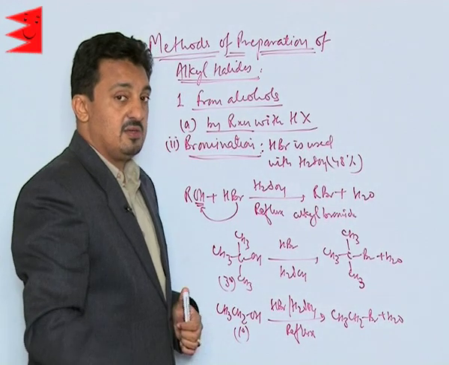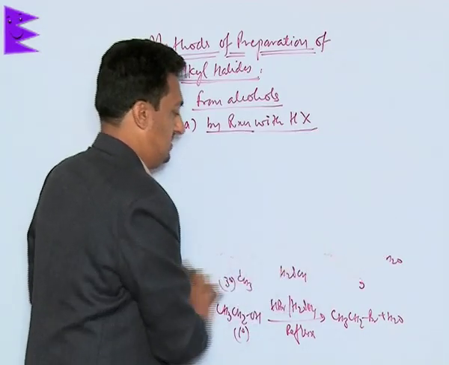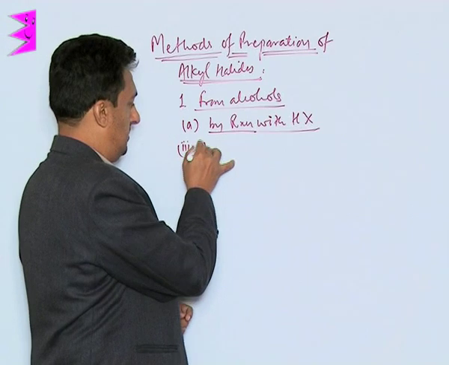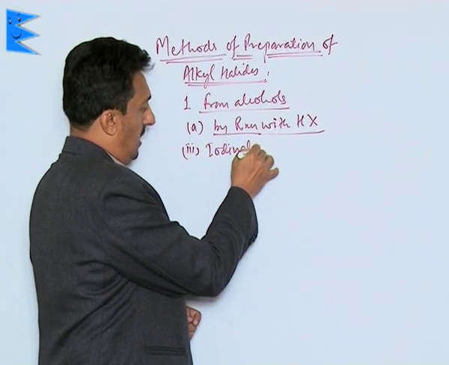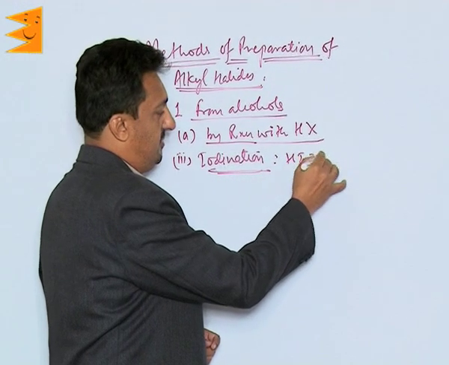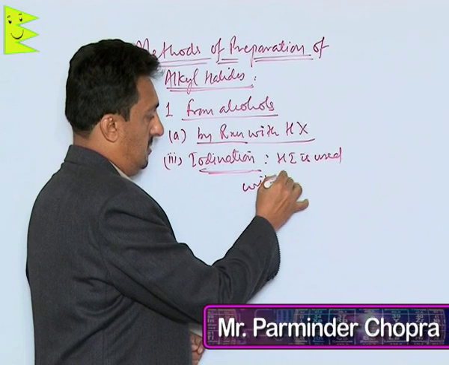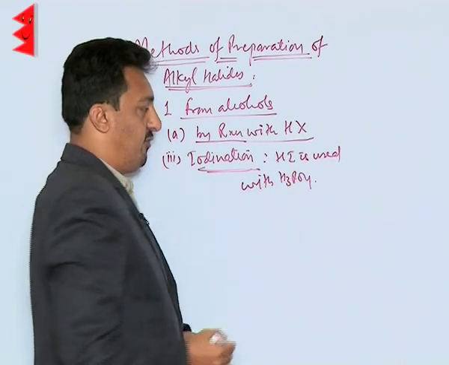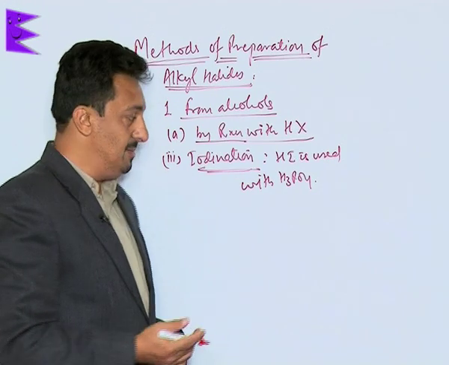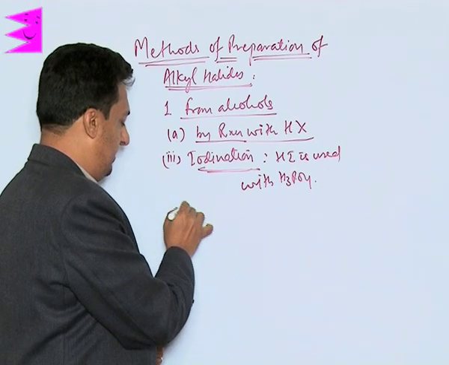Whereas for iodination, HI is used with phosphoric acid, H3PO4, almost 90% pure, and the scheme of the reaction is very simple.